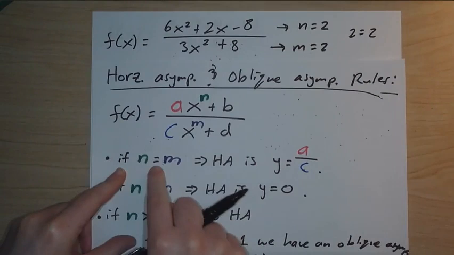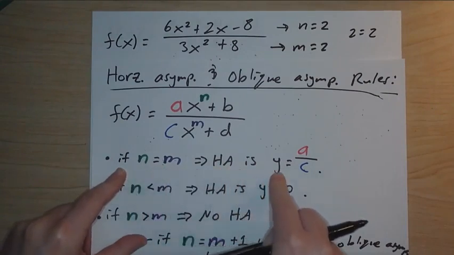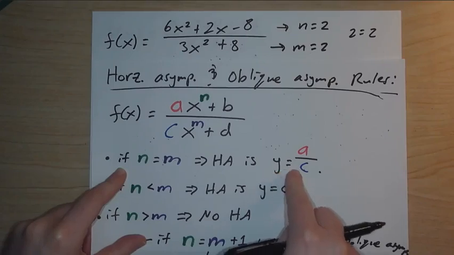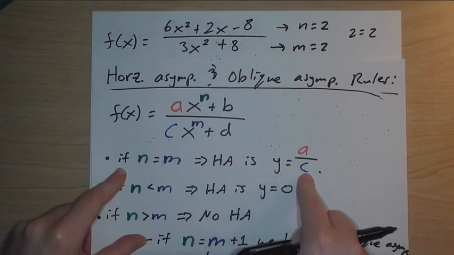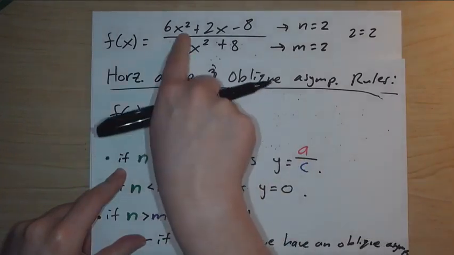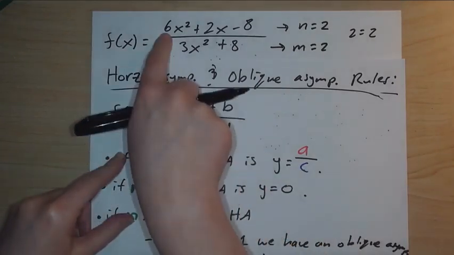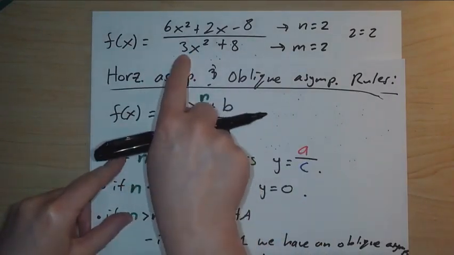So we're going to follow this rule right here. n is equal to m. Therefore, there's a horizontal asymptote, and it's where y is equal to the ratio of leading coefficients, whatever comes in front of the biggest x divided over itself. So here our a is 6 and our c is 3.